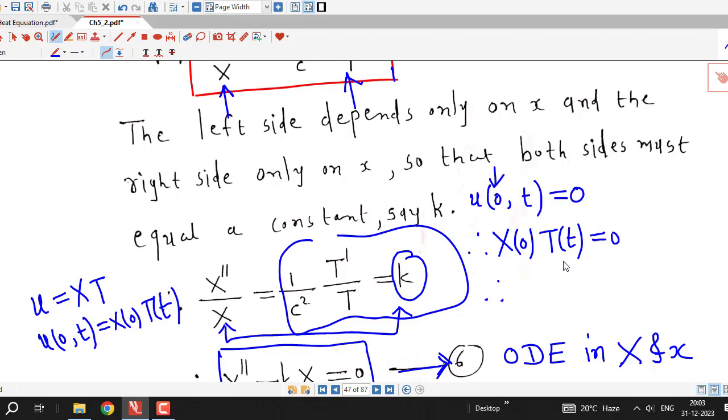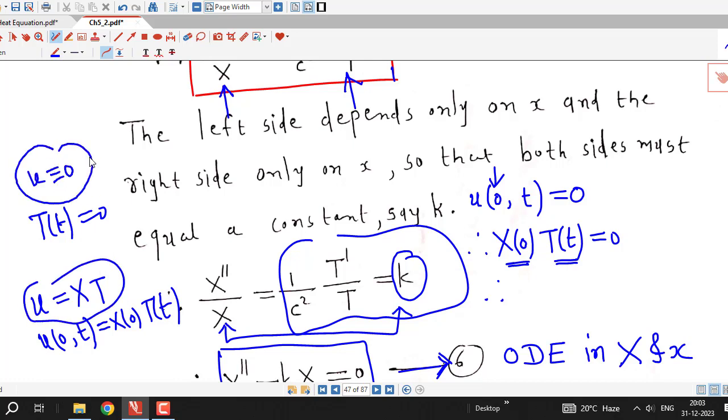Now this is possible if either this is 0 or this is 0. But if T(t) equal to 0 for all t, then u will become 0, and we are interested in the non-zero value of temperature. So we will consider X(0) equal to 0.